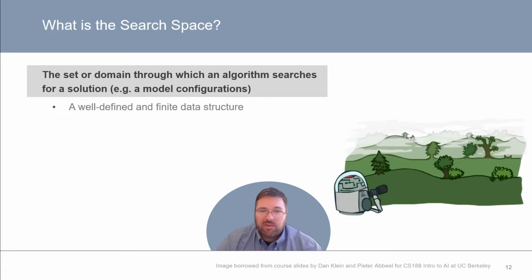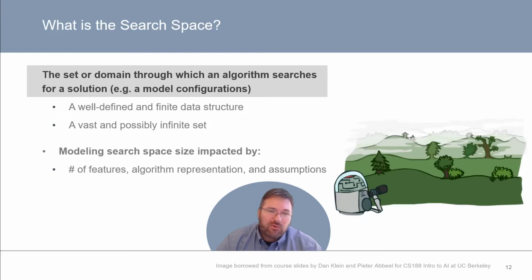A search space might be a well-defined and finite data structure, like searching a database for matching patient IDs. Or it could be a vast and possibly infinite set, like a very flexible machine learning algorithm searching for an optimal model. In general, the search space of modeling is impacted by the number of features, the way an algorithm represents knowledge, and the assumptions that algorithm makes about the data.